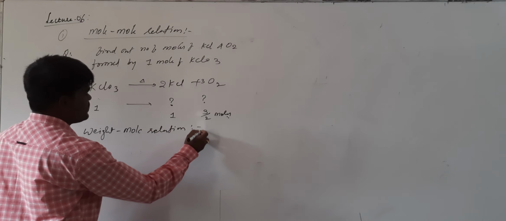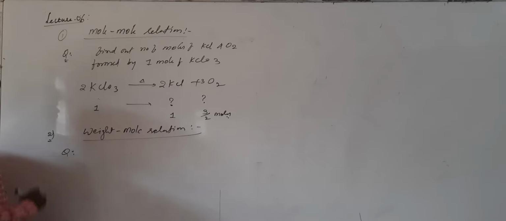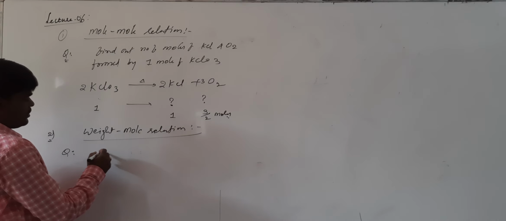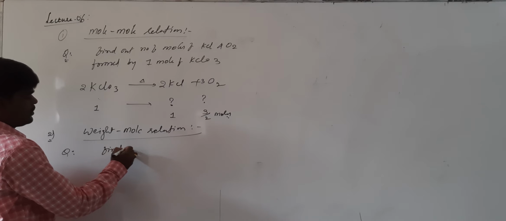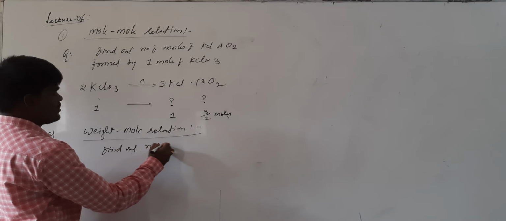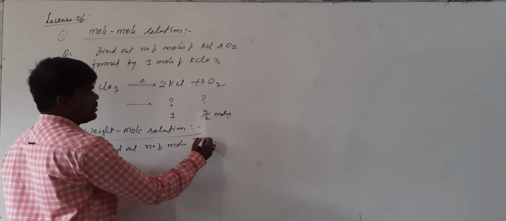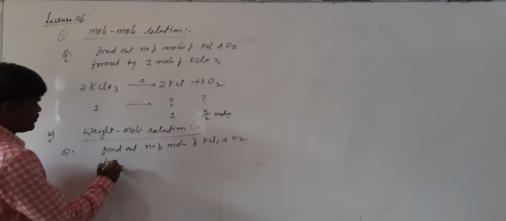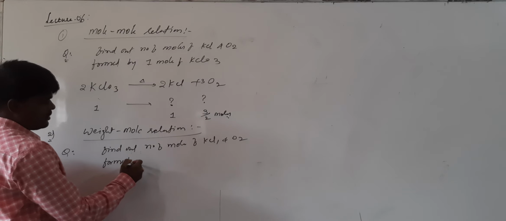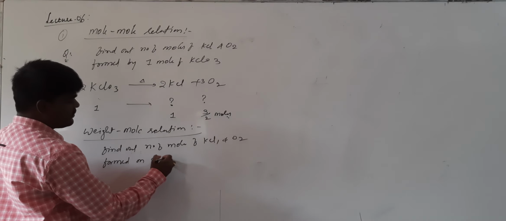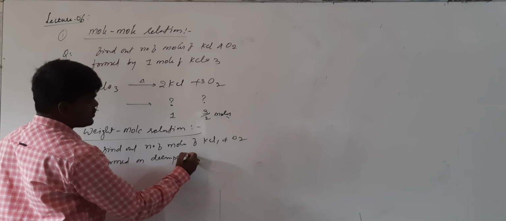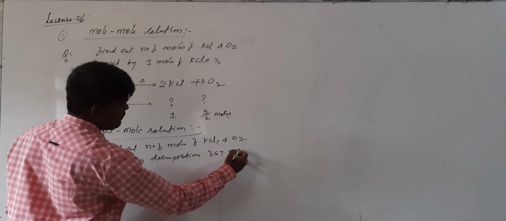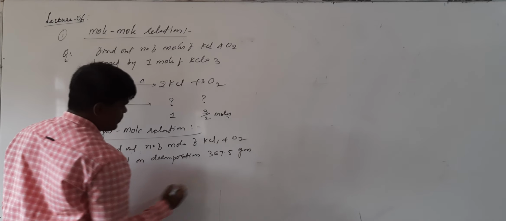Weight to mole relation means, now let us see, suppose assume that we need to find out the number of moles of potassium chloride and oxygen formed on decomposition of 367.5 grams of potassium chlorate.